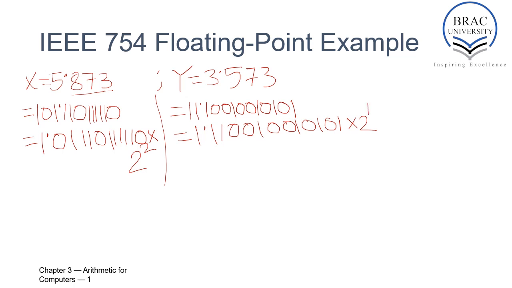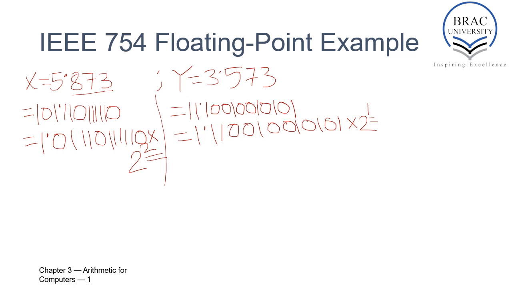Now the rule of addition: when we are performing addition of two numbers, the rule of IEEE 754 floating point addition is that we need to make sure that both exponents are equal. The algorithm says to make the lower exponent equal to the higher exponent.